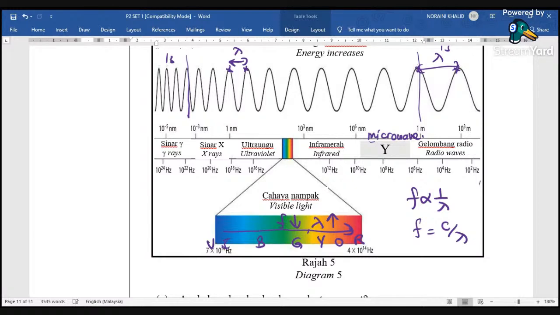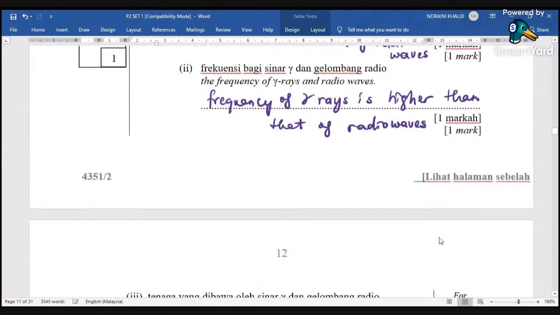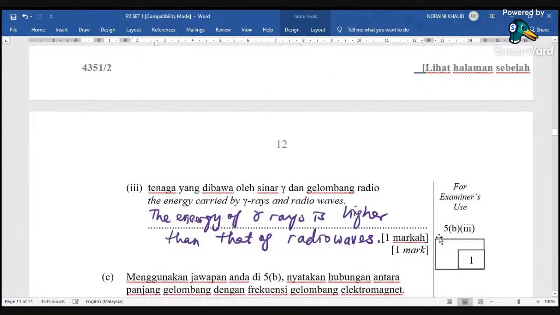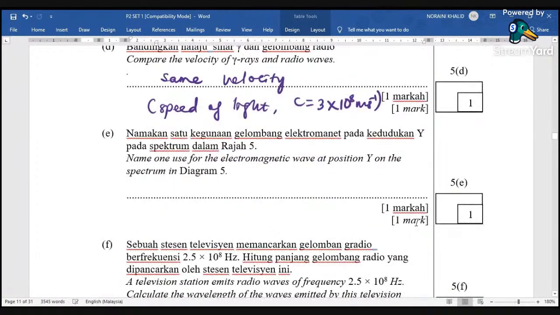So Y is microwave. Just take one only. There are many answers that you can write. You can use it in telecommunication.